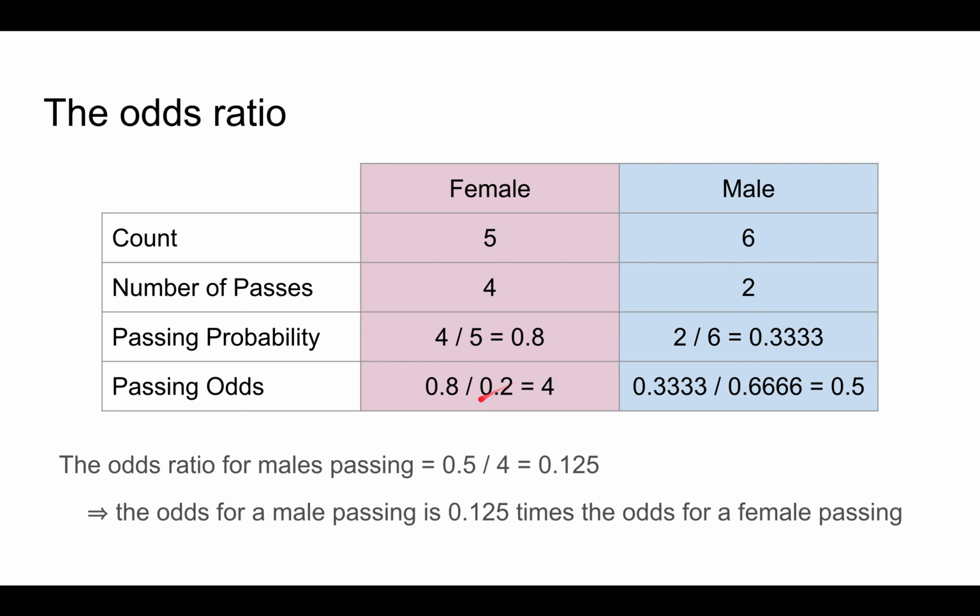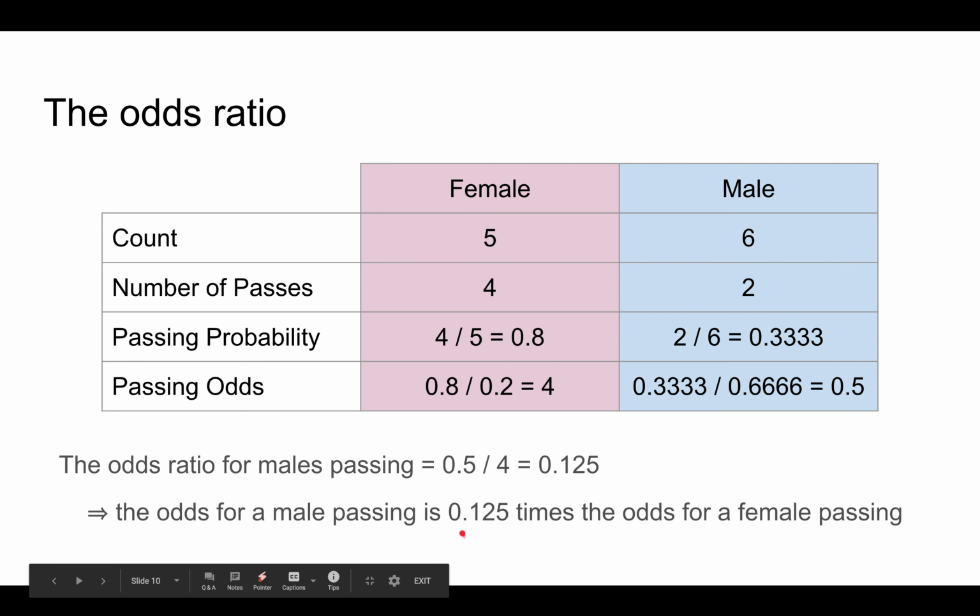And if you calculate the passing odds, you'll get 4 for females and 0.5 for males. Then you can compute something called the odds ratio for males to pass, which is the odds for males divided by the odds for females, and that's 0.125. This basically means males have 0.125 times the odds of passing compared to females.